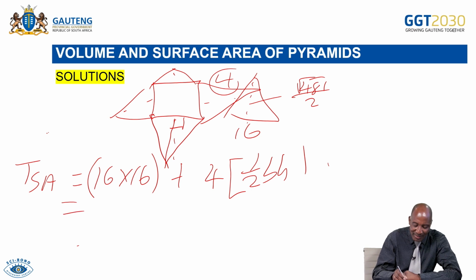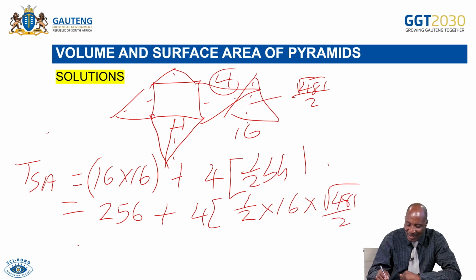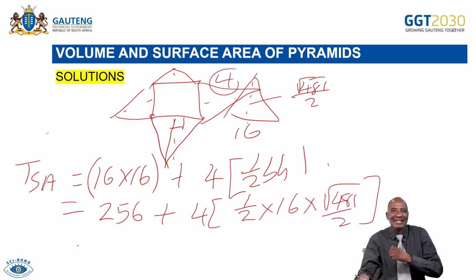Therefore, it's going to be 256 added to 4 times half. The base is 16 and the height is square root of 481 divided by 2. Then the rest is calculator work.